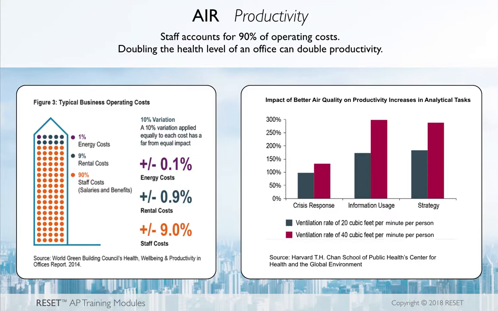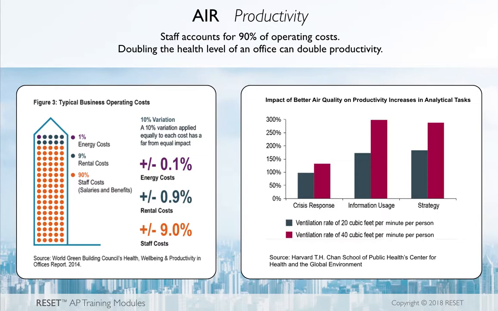So in this slide, I think on the left, this typical business operating cost figure is something a lot of us have probably seen before. There's a few studies who have put it out in a couple of different ways. This one is by the World Green Building Council's Health, Wellbeing, and Productivity in Offices report from 2014.